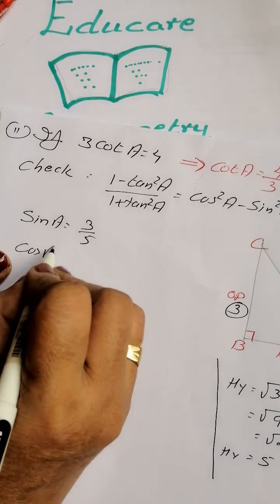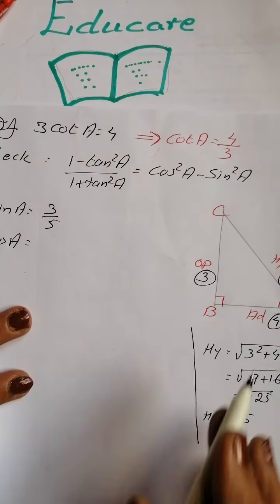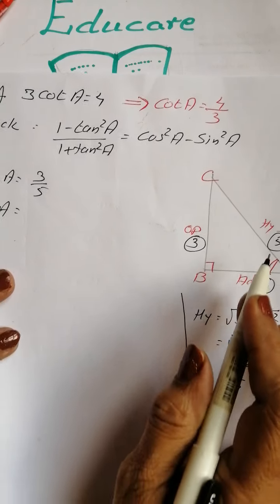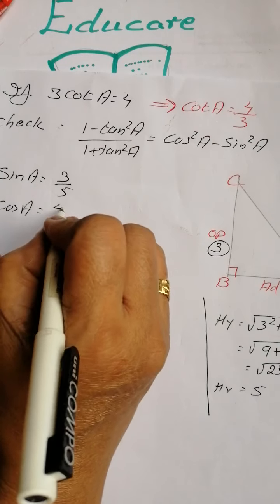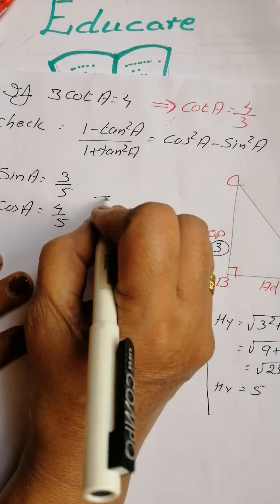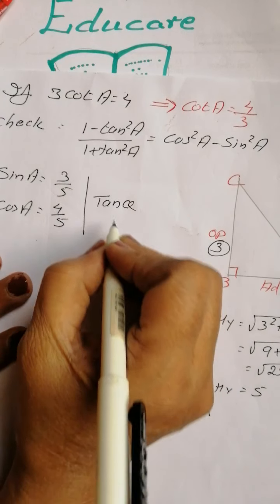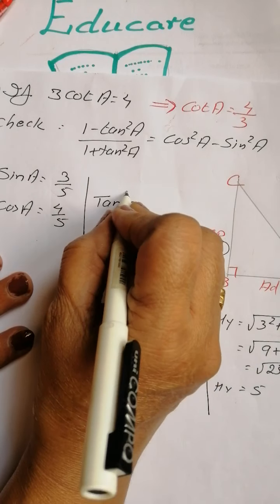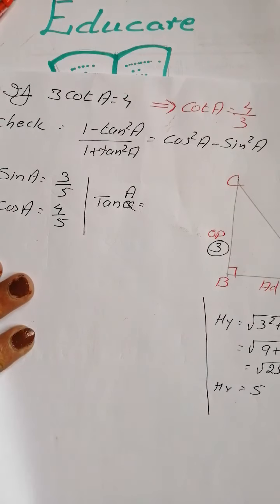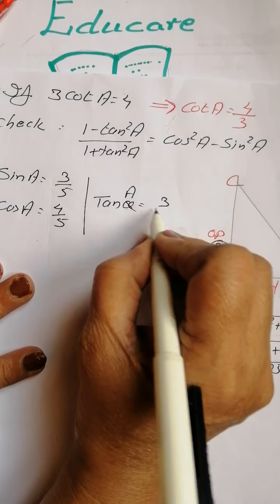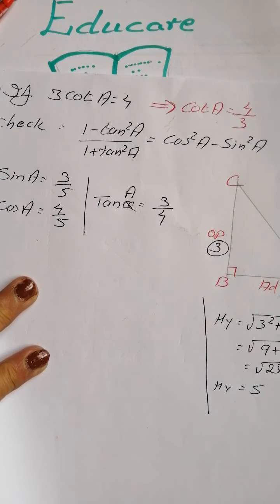What is cos A? Cos A is equal to adjacent by hypotenuse, 4 by 5. Good. And what is tan A here? Yes, opposite by adjacent, 3 over 4. Up till here it is clear?